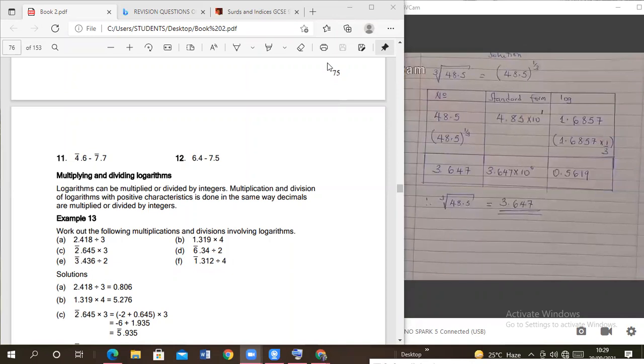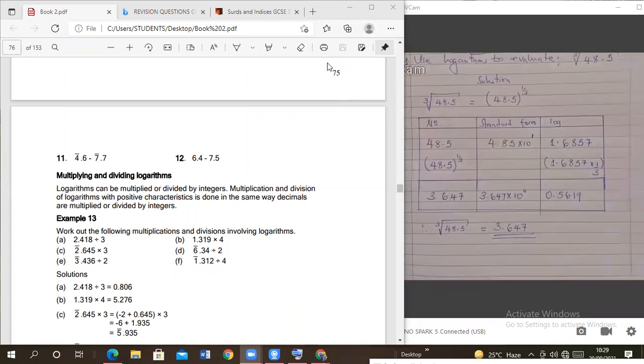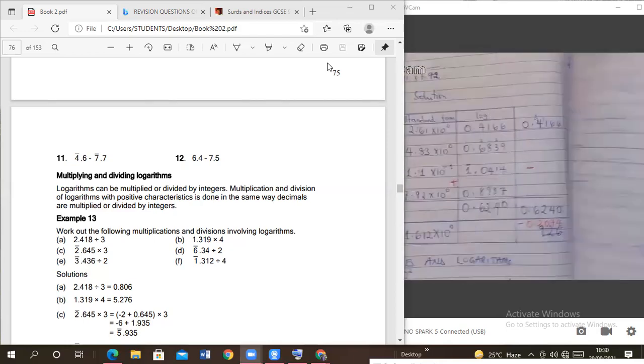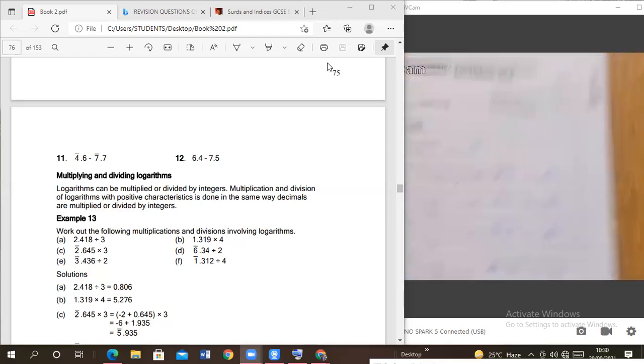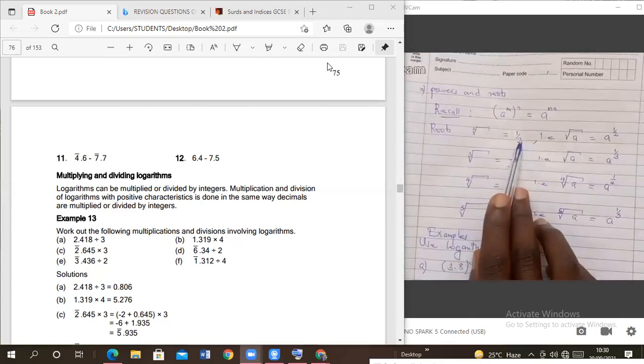So the last time we met, I gave you this exercise to try out because we are looking at application of logarithm. We also said that logarithm can be used in evaluating roots. We gave very many examples, where we said square root means a number has been raised to the power a half.